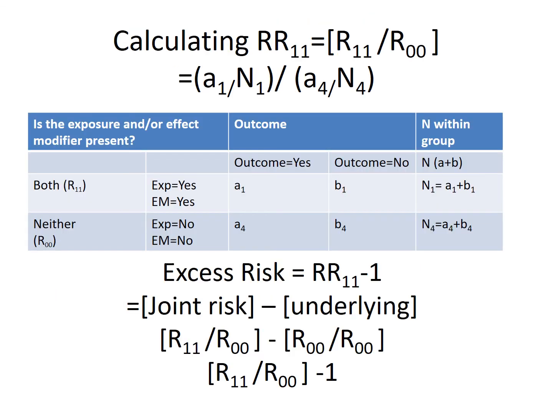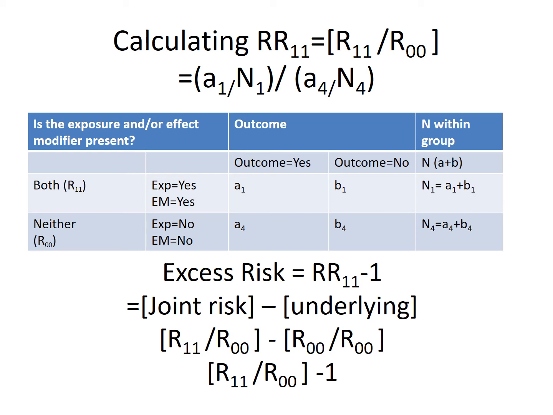And so when you're putting this into the formula, your first thing you're looking for, which is on the left side of the formula in Rothman, is the risk ratio of both together minus 1. So that is the risk of the 1-1 condition, that's A1, divided by the N1.